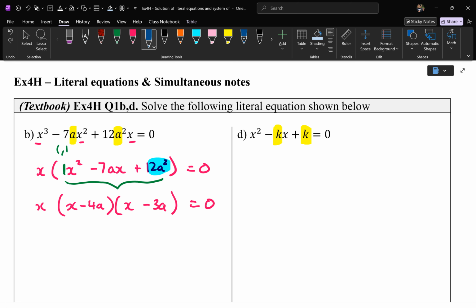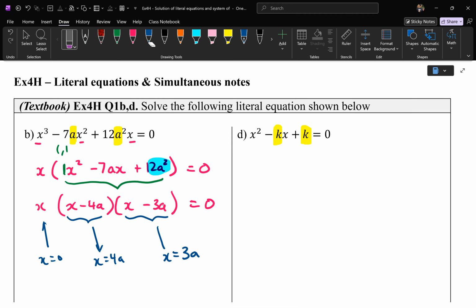We answer the question. So using null factor law, we can say x can equal 0. We can say this one, x equals 4a, and this one, x could equal 3a. For those who don't know what null factor law means, it means that if you're multiplying them, one of them could equal 0.